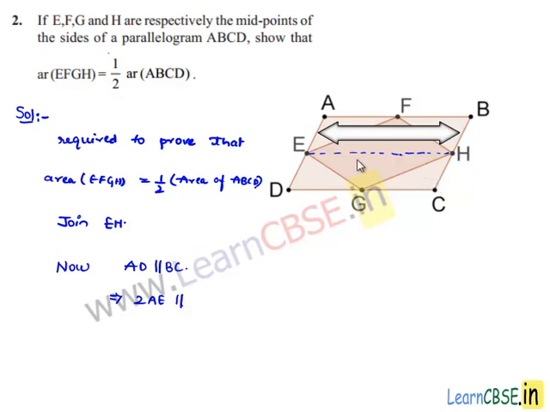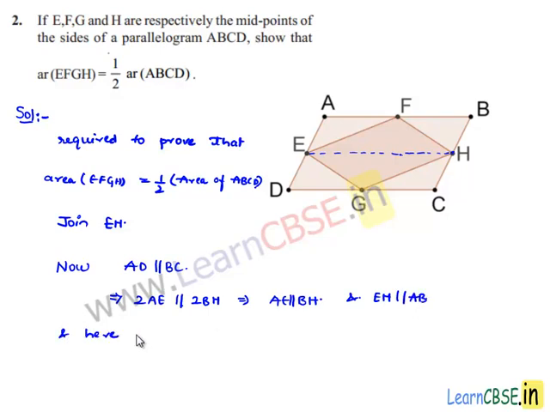Now we know that H is a midpoint of BC, so we can write BC as 2 times BH, which implies AE is parallel to BH. And also we know that EH is passing through the midpoints of AD and BC, EH also will be parallel to AB, and here AEHB is a parallelogram.